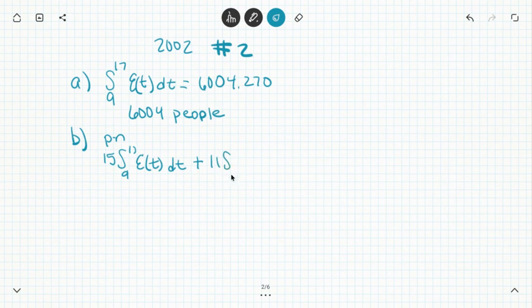So the price times the amount of people from 17 to 23 of the function. Again, it's a calculator question. So you get 1 point for the setup and then 1 point for your answer. Again, it's a calculator question.